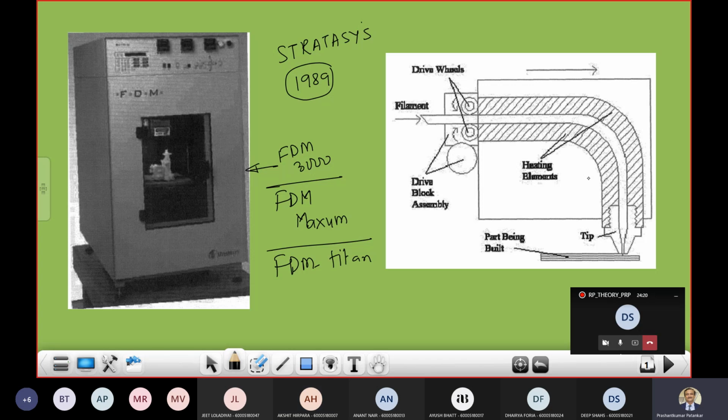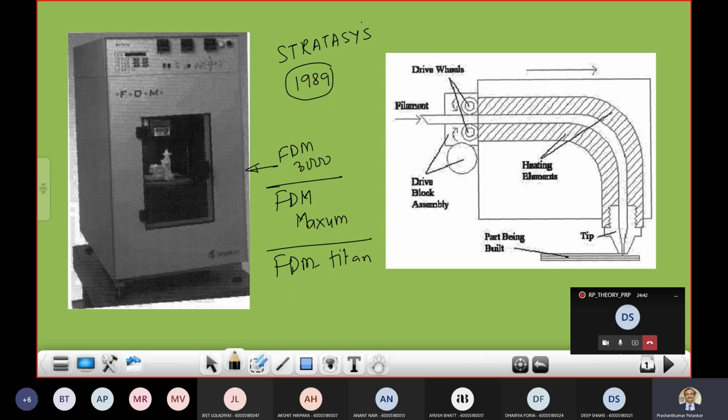Yes. So what I was telling you is that we will discuss first the hardware, then the software, and then the build material. This FDM system has evolved through several models, beginning with the original 3D Modeler.